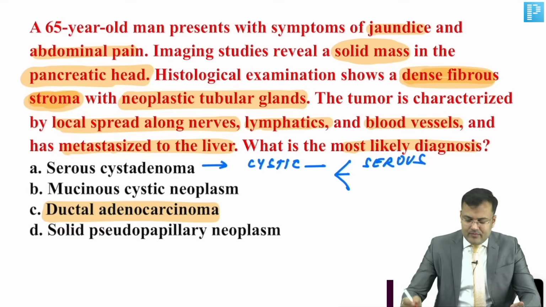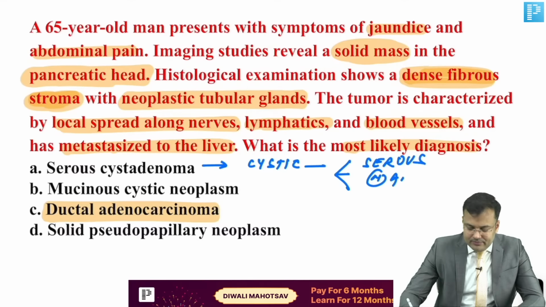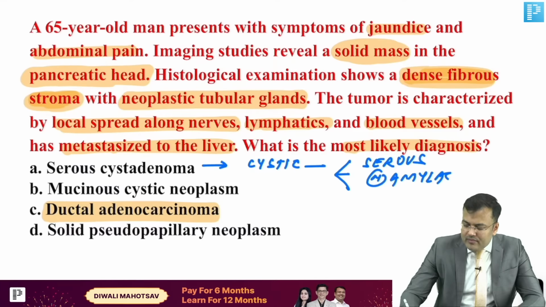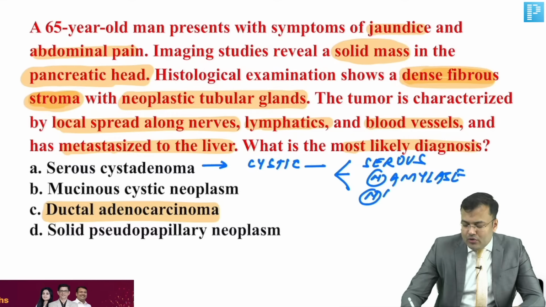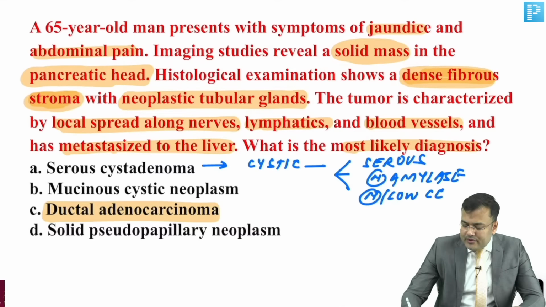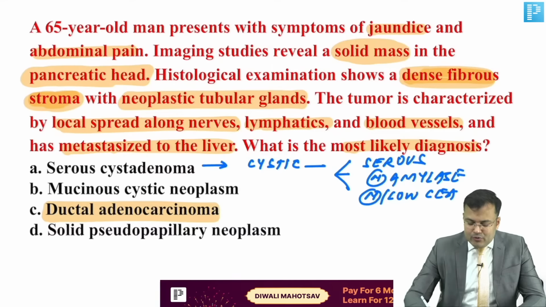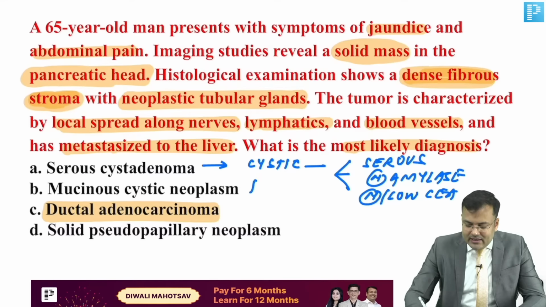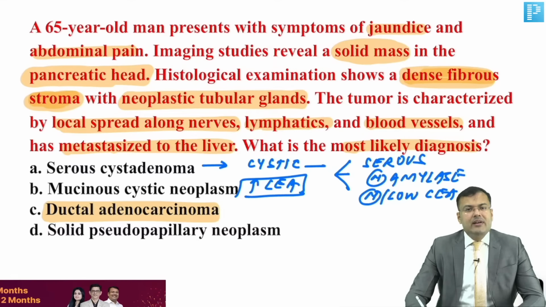Easy question. Obviously, there is no pancreatitis, that is why amylase is normal or low, and the tumor marker CEA is also normal or low. If it is mucinous cystic neoplasm, obviously the content is mucinous, and this is pre-malignant. There is raised CEA, and amylase will be normal or low.